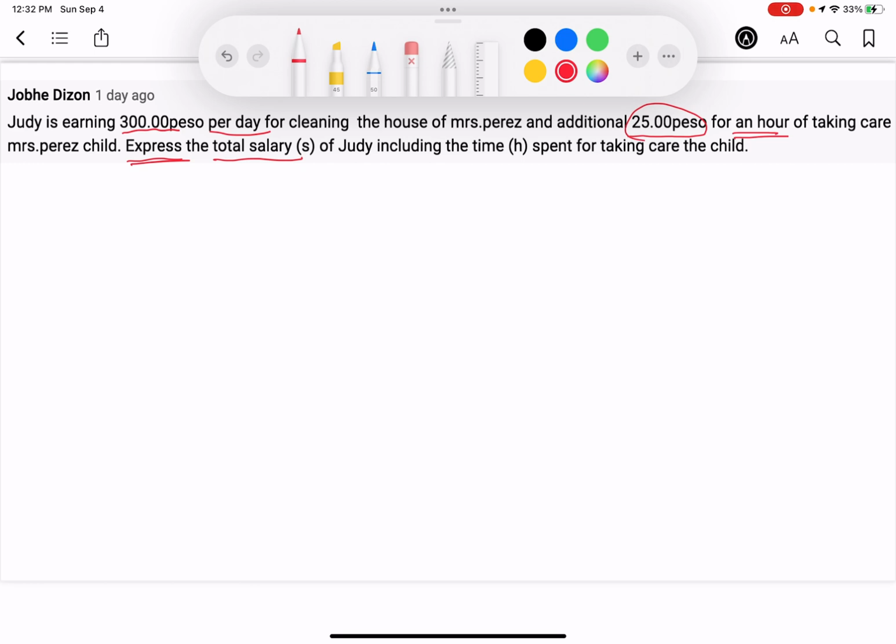So, the total salary of Judy, including the time, which is in H, spent for taking care of the child. So, gagawa raw tayo ng function. Yung function ay yung salary ni Judy ay nakasalalay din sa haba ng oras sa pag-aalaga ng bata. So, the salary also depends on the number of hours taking care of the child. And that function would be S of H. And the answer would be, meron ka ng 300 na fixed income, hindi ba?